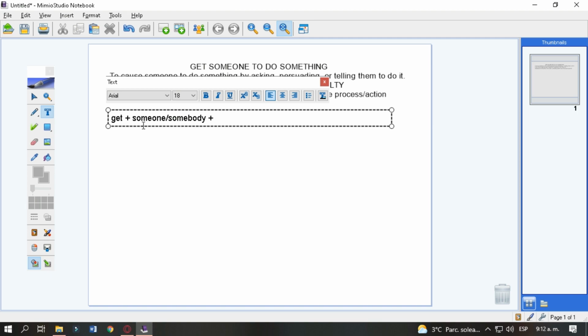And in order to finish, we're going to need a verb in the infinitive: to solve a problem, to reach something, to buy something. Those may be some examples.